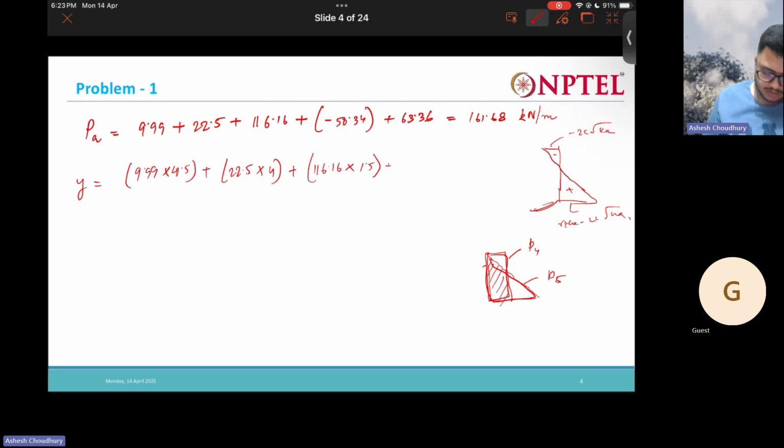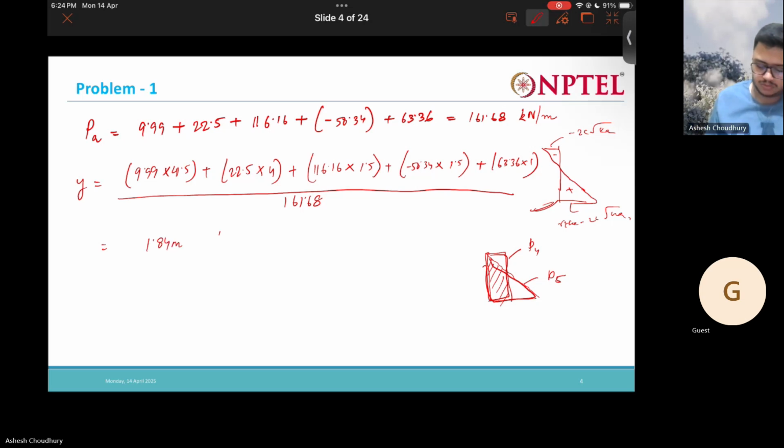Then you have minus 50.34 times again 1.5. Lastly you have plus 63.36 times 3 by 3, that is 1. The result is 161.68, taking moments from the bottom.